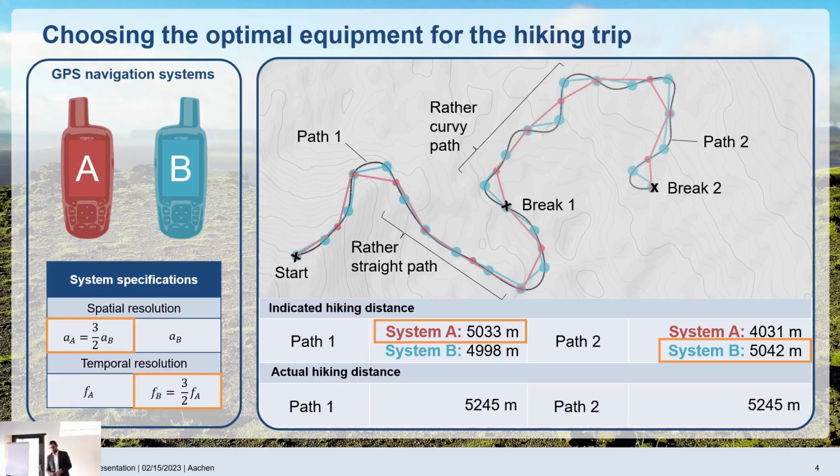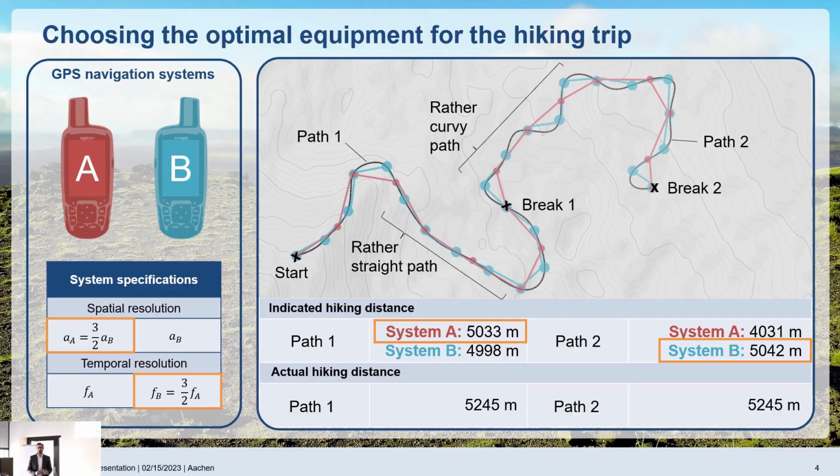Because if you imagine you would have a perfectly straight path and you would measure it with multiple samples, but with a low spatial resolution, which is related to the meaning of measurement uncertainty as we typically use it, then the measured lengths would tend to be longer than the actual lengths. However, if you would measure a path which is curvy and you would have too few samples, you would have an undersampling problem, so your temporal resolution would be too low here.